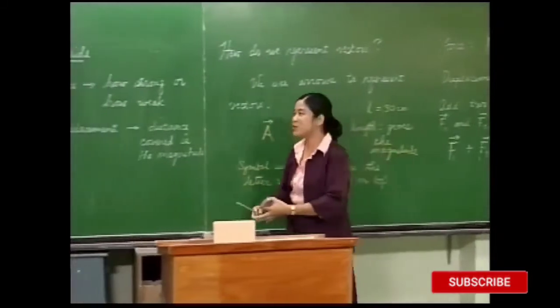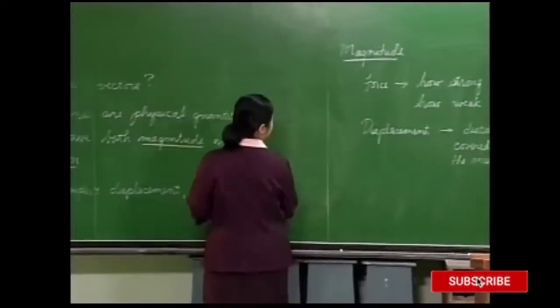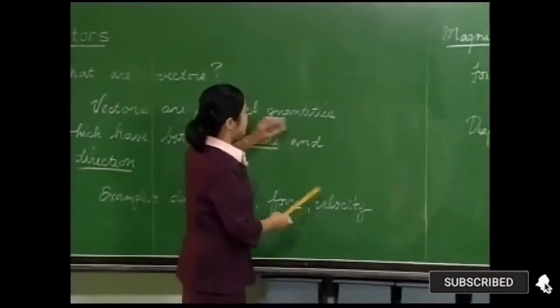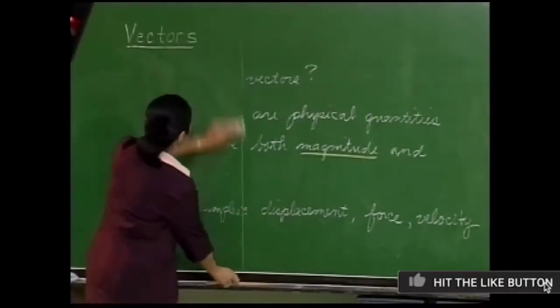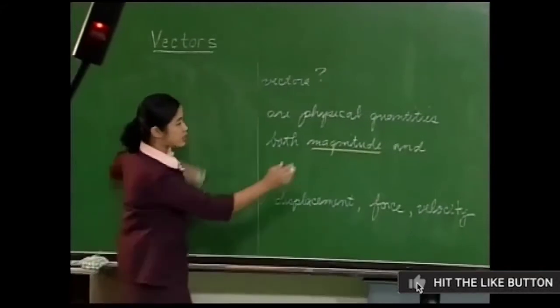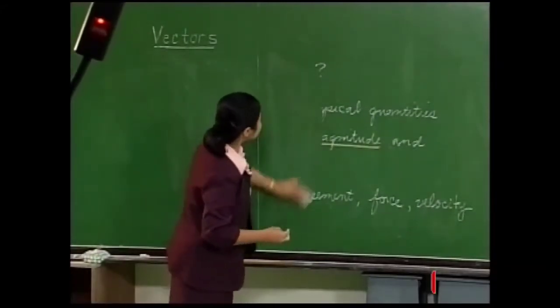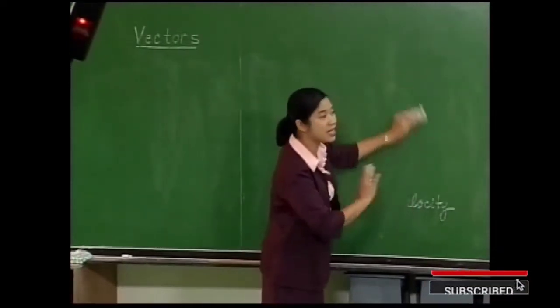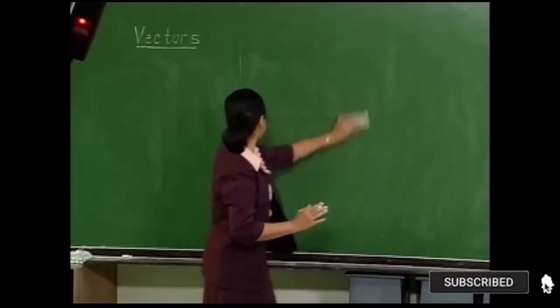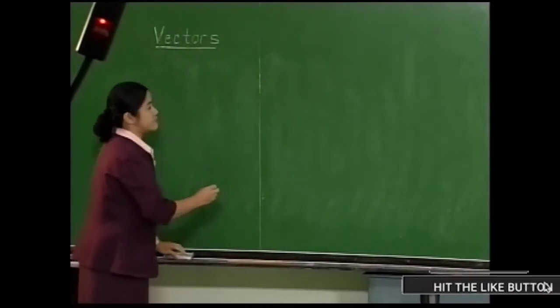Here we will now use what you learned in geometry. Let me erase this. So we will use geometry to make sure that we do not change the direction of the vectors even when we move them from one place to another.